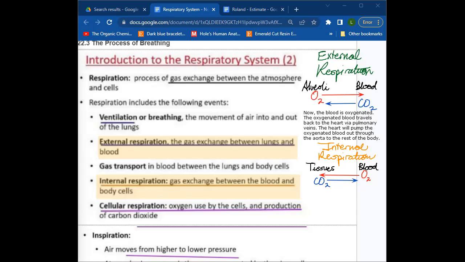Okay, so cellular respiration is the process of taking glucose plus oxygen and making carbon dioxide, water, and ATP.